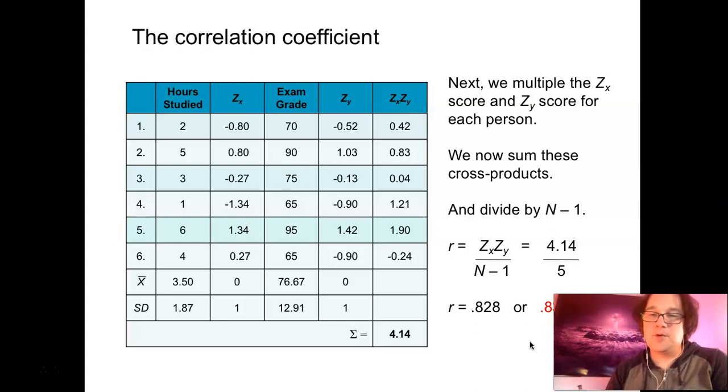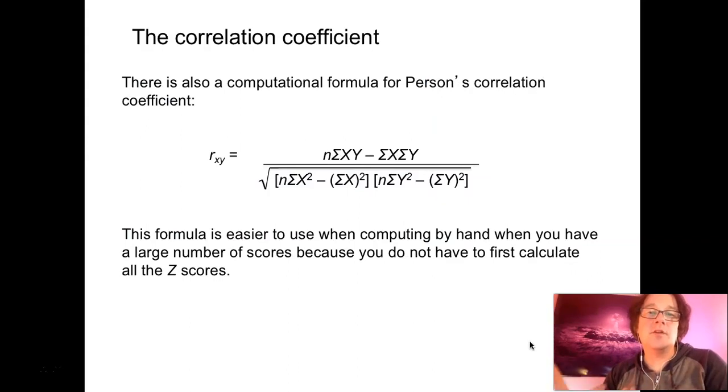Sometimes when we are reporting correlations, it's customary just to round to the second digit after the decimal point. Okay, so we also have a computational formula for Pearson's correlation. The formula I showed you was more theoretical, to give you an idea of what is actually being done when we're computing correlation.